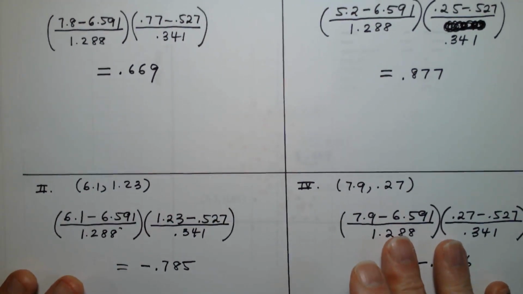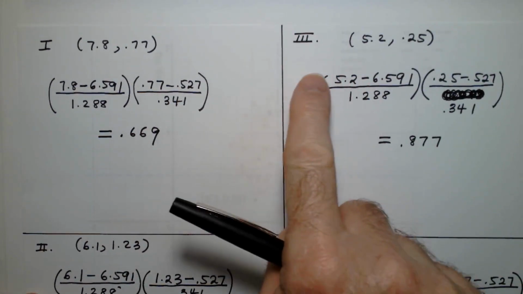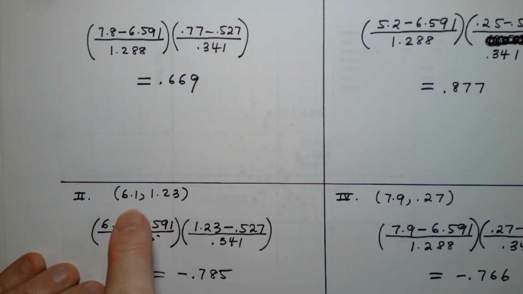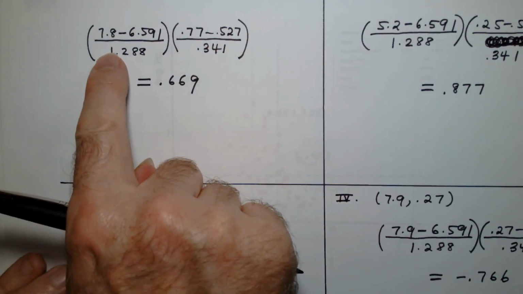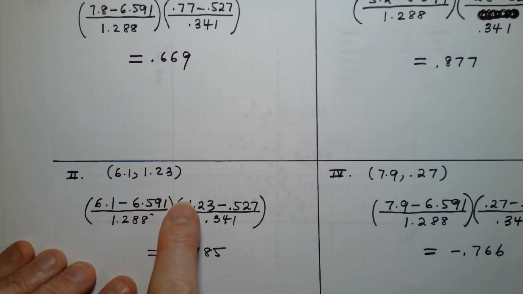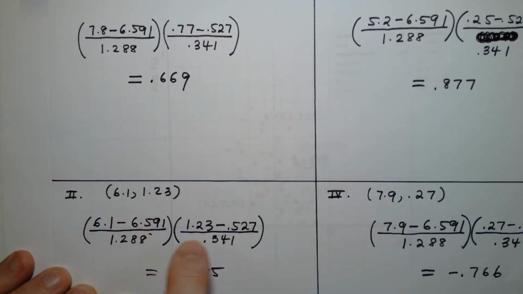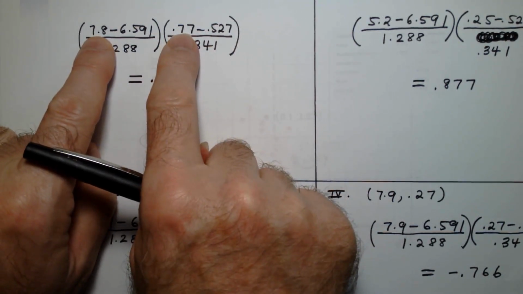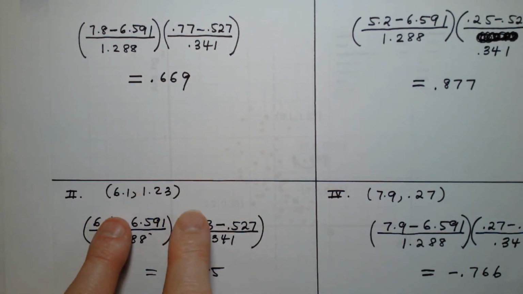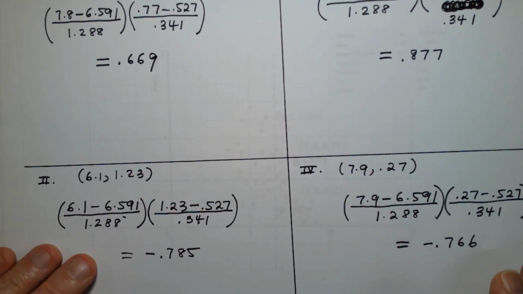All that changes as I move from point 1 to point 2 to point 3 to point 4 is that, since these coordinates change, I have to change out the 7.8 and the 0.77 for 6.1 and 1.23. All other elements of this calculation remain the same. So all I have to do is replace those coordinates. It's just a sequence of replacements, recalculations, and reformations of those products.